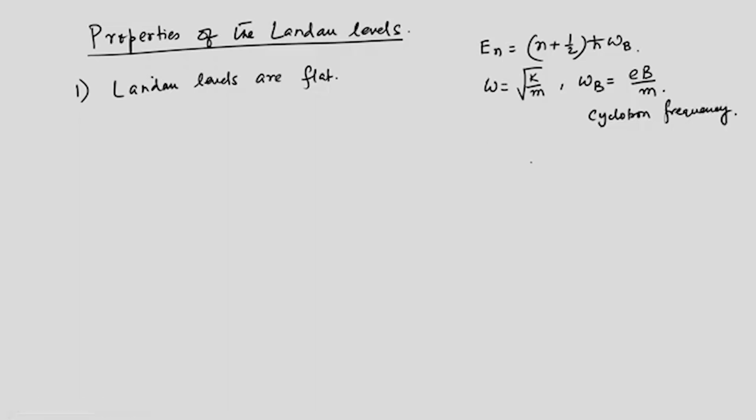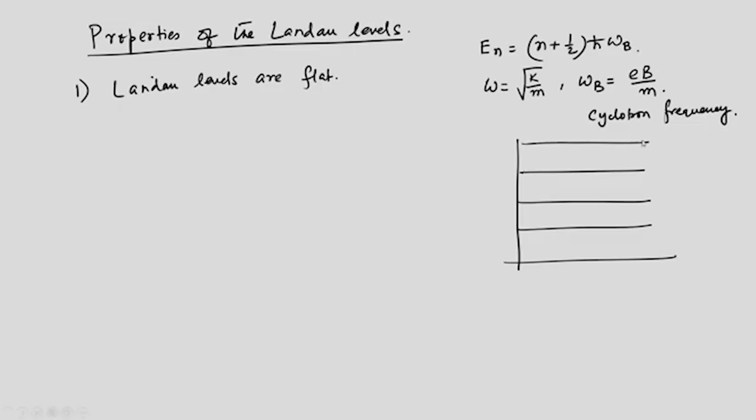Okay. So, these levels, if you draw them, this is n equal to 0, n equal to 1, n equal to 2, n equal to 3, and so on. And I have argued and showed explicitly that these levels are in principle infinitely degenerate, and the degeneracy is only limited by the magnitude of the magnetic field, and it depends upon the area of the sample.